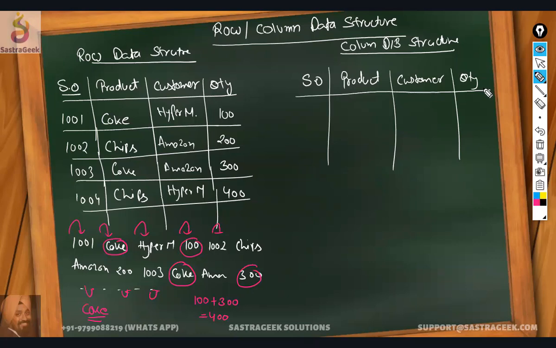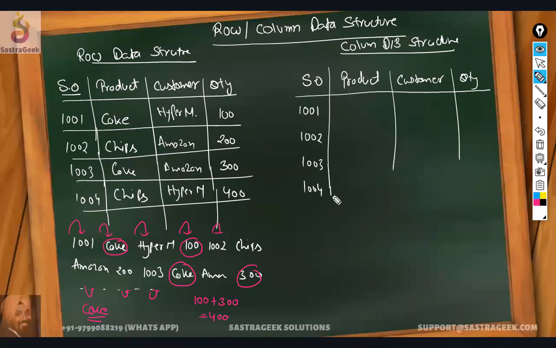Now in this, I have sales order numbers 1001, 1002, 1003, and 1004. These are my sales orders.